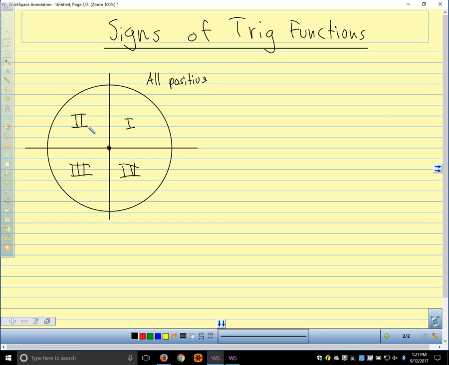In the second quadrant, which coordinate is positive there? Y is positive. So I'm going to say y is positive, so sine is going to be positive. So what's the related function to sine? Cosecant. Cosecant theta are positive.